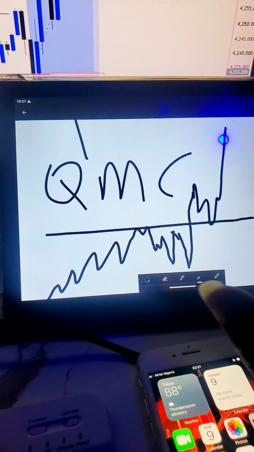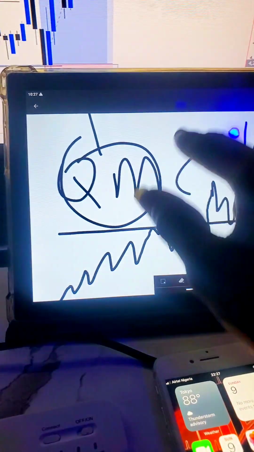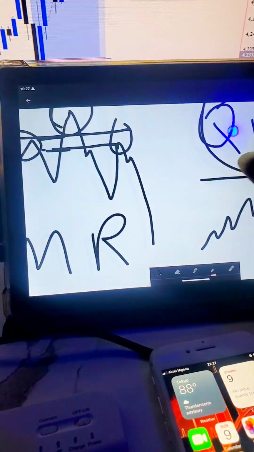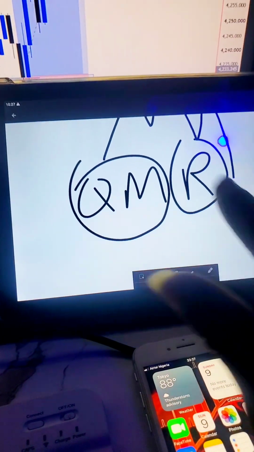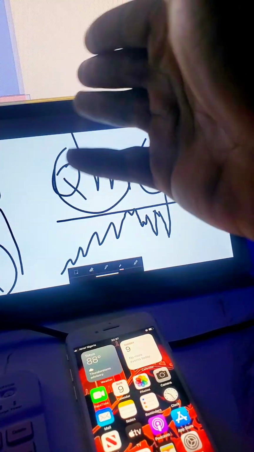So this is QMC, a Quasimodo continuation chart pattern, while this one is a Quasimodo reversal chart pattern. We use this one for a reversal. This is a reversal chart pattern, and this is a continuation chart pattern for a buy or for a sell, right? So now let me show you on gold.